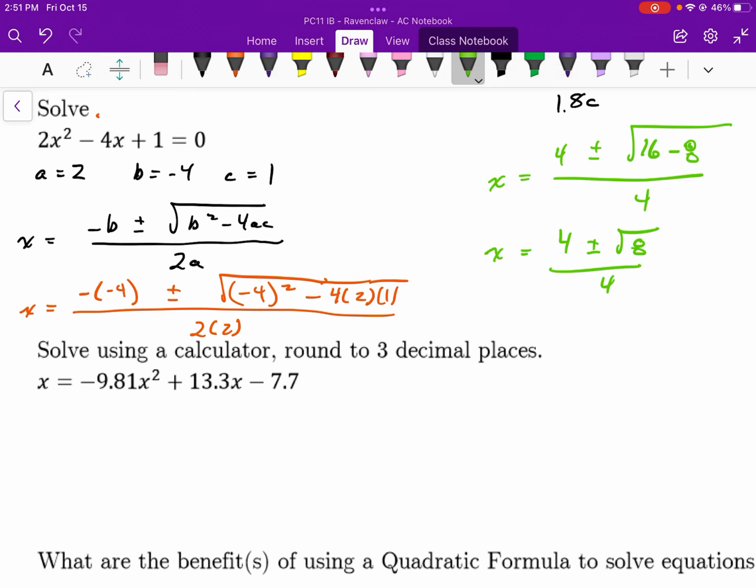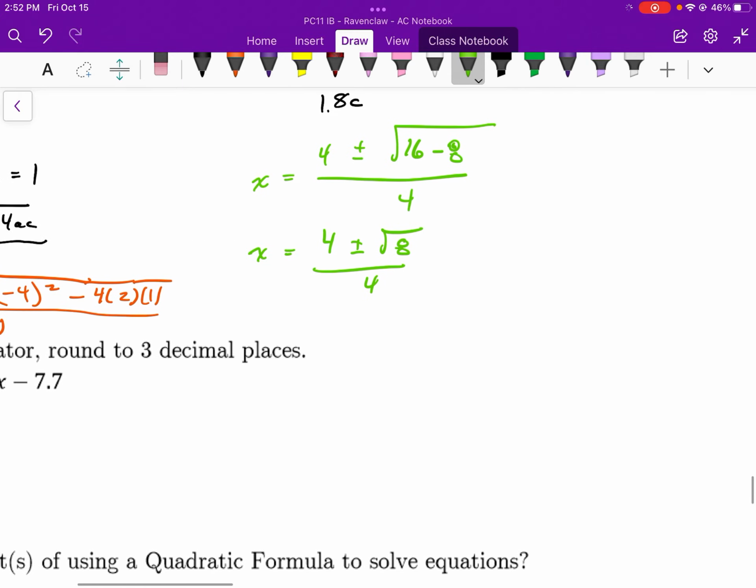Now, this almost seems like I'm done, but I'm just going to take one more move here. What I'm going to do is simplify this radical, see if anything shakes out. We should always try to simplify our radicals if we can.